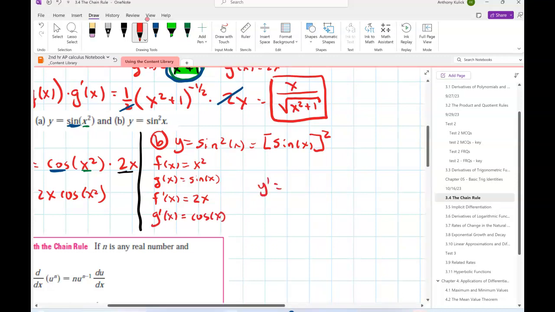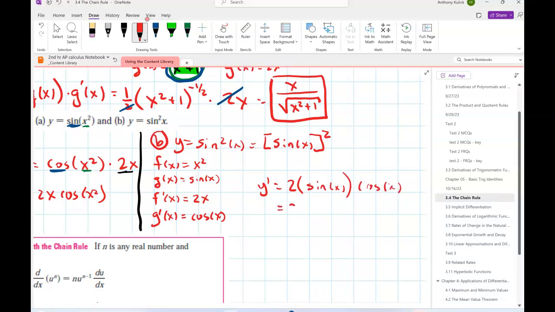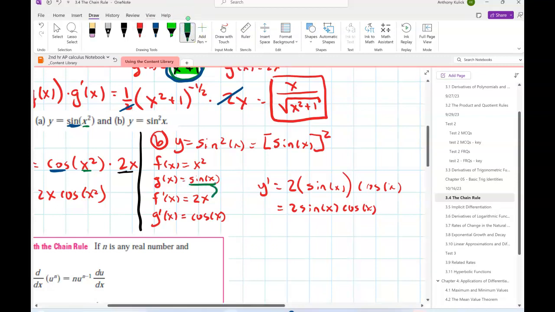So my y prime then is f prime of g of x times g prime of x. Right? So I've taken my g and plugged it into the x for f prime. That's that part. And then I have times the g prime.